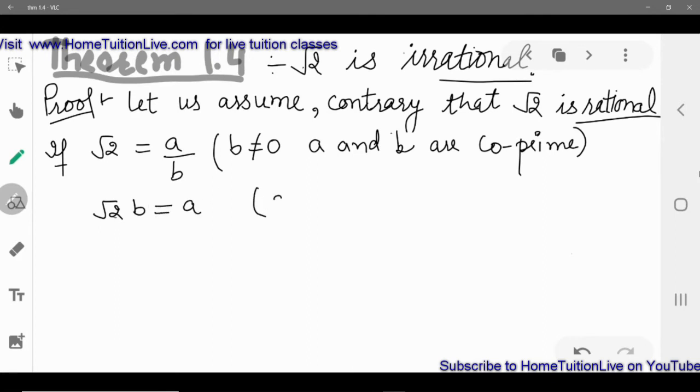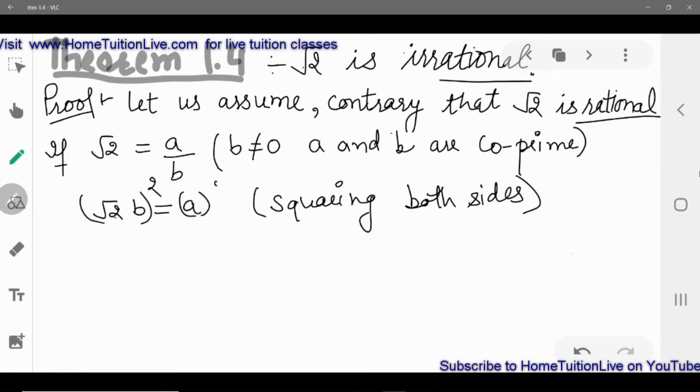Now squaring both sides, root 2 becomes 2, 2b square is equal to a square. Here you can see that 2 divides a square.